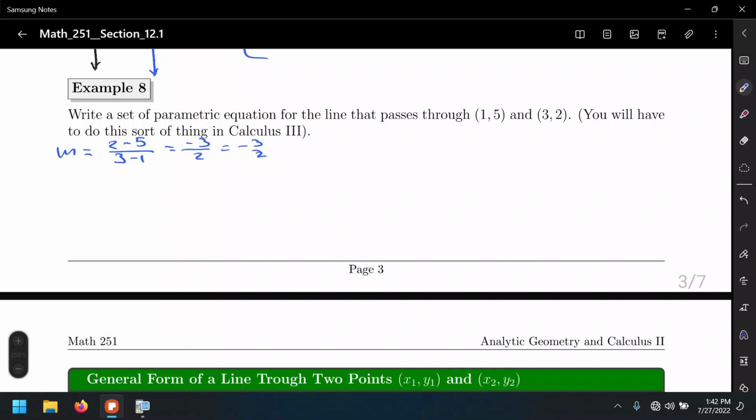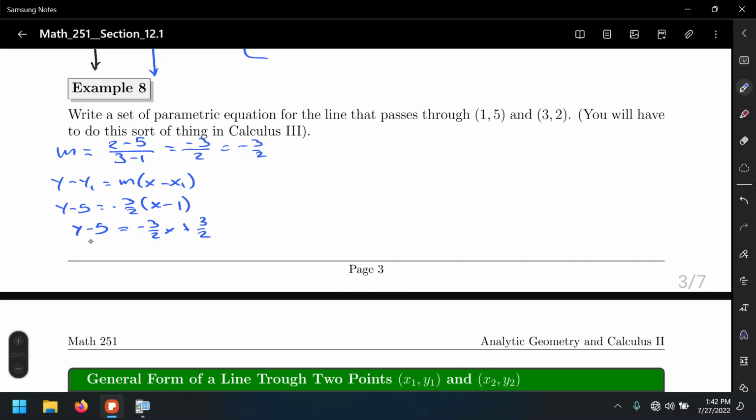And we may go ahead and write the equation of the line, y minus y1 equals m times x minus x1. That's the point-slope form. Just plug in the numbers, the slope of negative 3/2, and choose your favorite point. I'm going to use the first point, (1,5). So y minus 5 equals negative 3/2 times (x minus 1), and y minus 5 is negative 3/2 x plus 3/2.